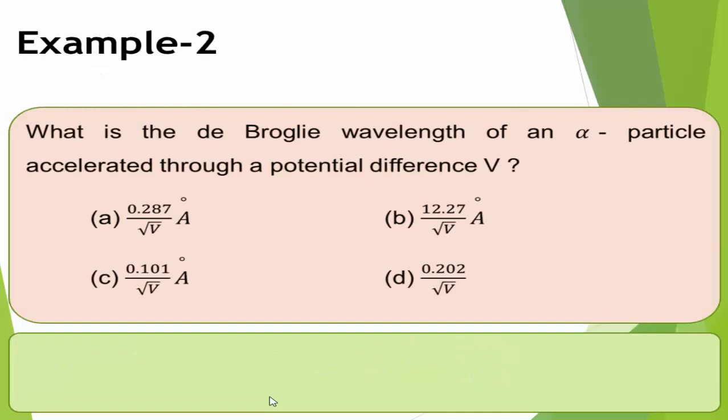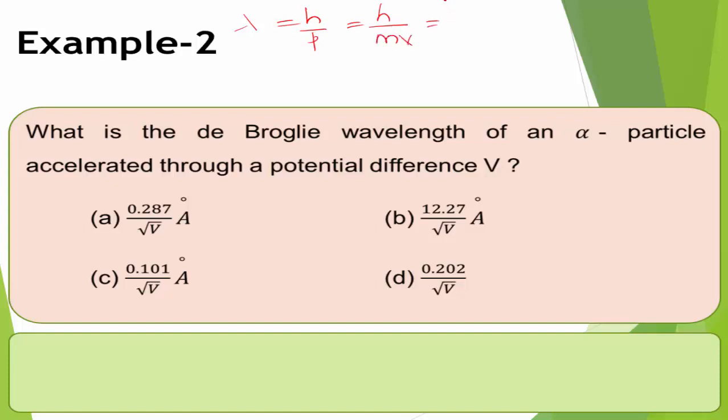Now the question is, what is the de Broglie wavelength of an alpha particle accelerated through a potential difference of v? Here we know that formula, that is lambda is equal to h by p, then h divided by m into v.